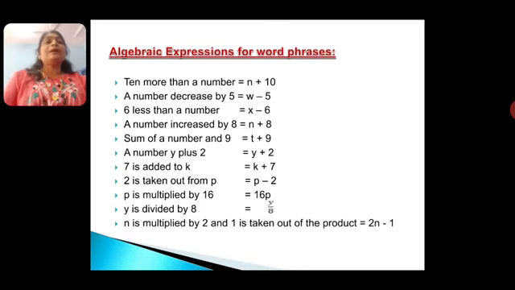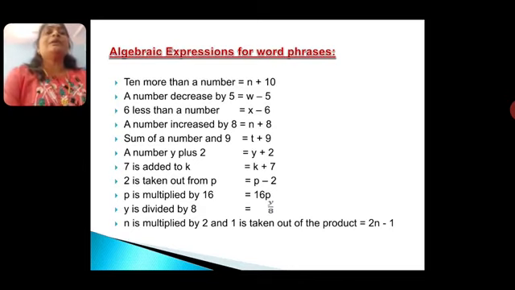Next example, a number decreased by 5. If we use a variable for the number, then decrease means subtraction. Therefore, our algebraic expression is w minus 5. 6 less than a number equals x minus 6. Next example, a number increased by 8.